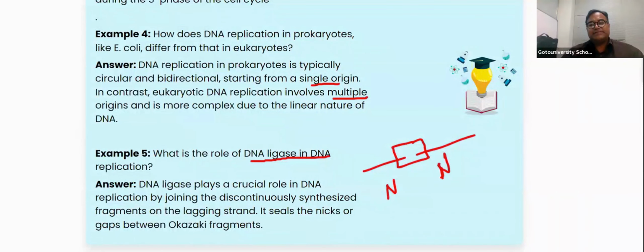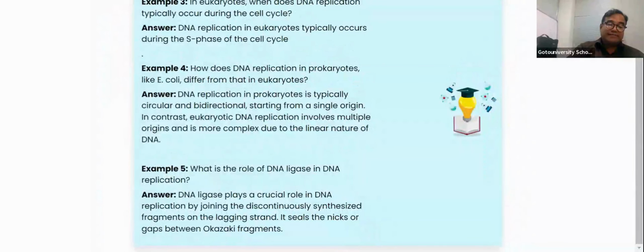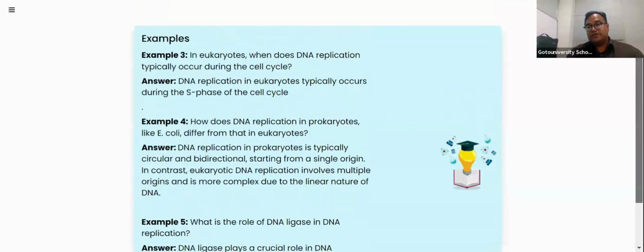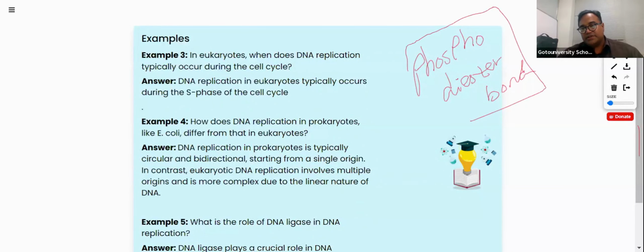We should be highly specific when we say which bond it establishes. DNA ligase establishes the phosphodiester bond. Again, the phosphodiester bond is the bond formed between the two nucleotides of the DNA. This is the message we need to understand.